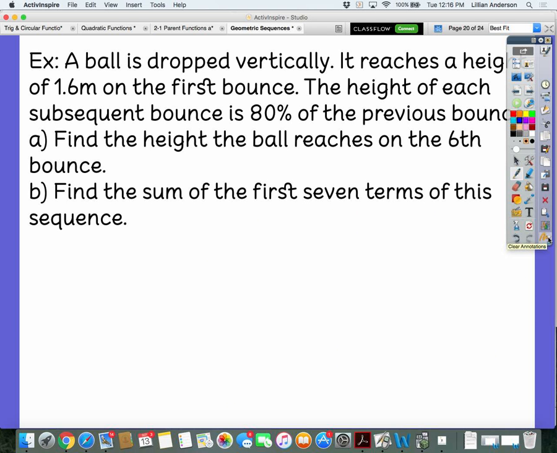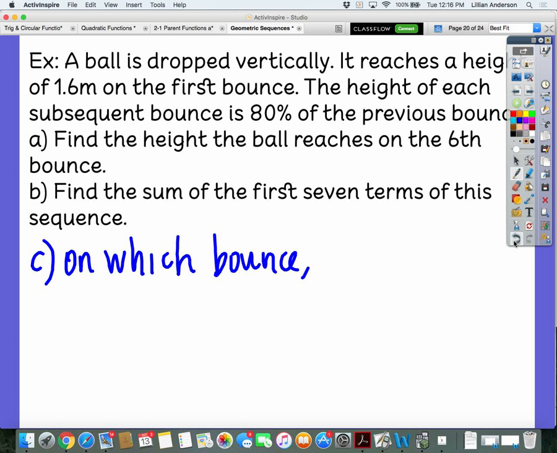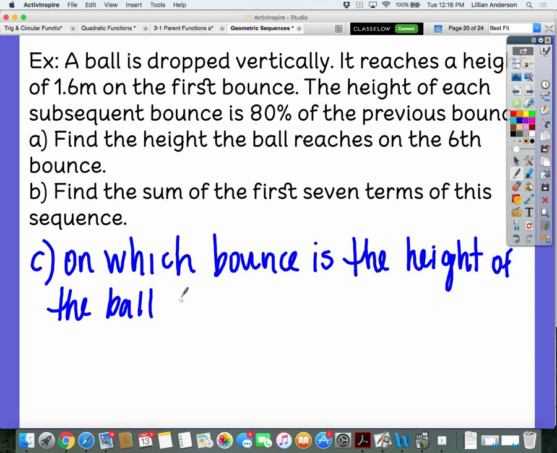The follow-up to this is: on which bounce is the height of the ball 0.25 meters.